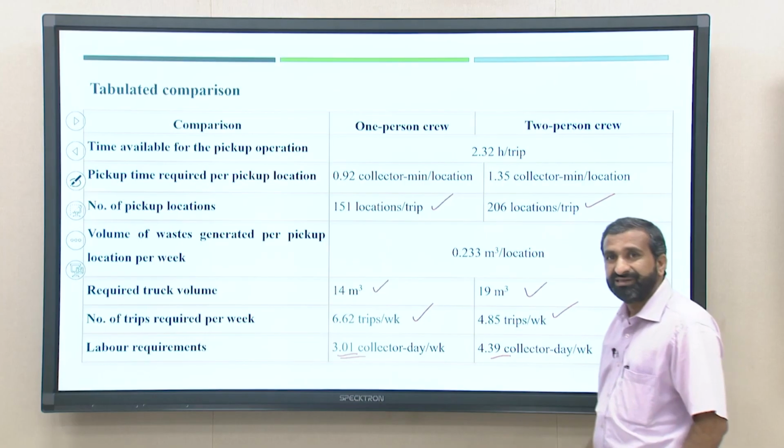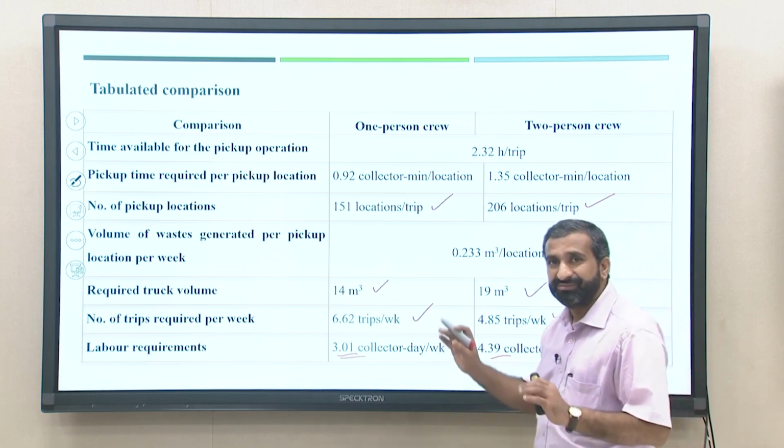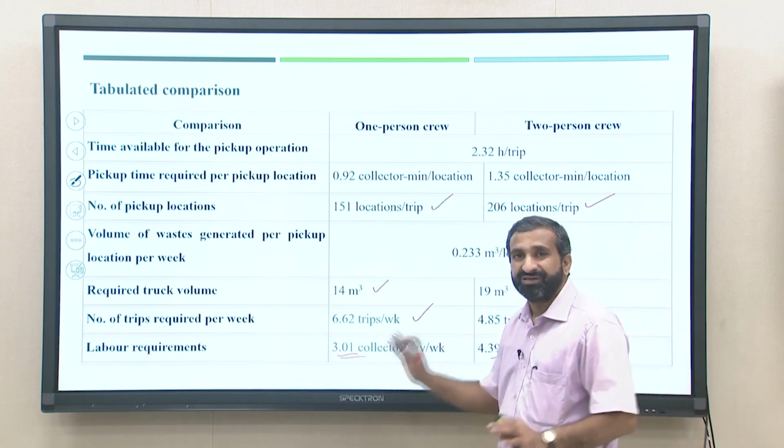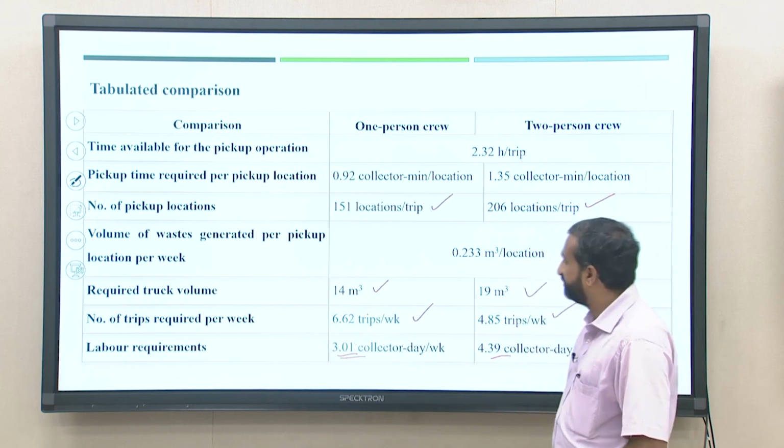So, your answer is the 1-person crew is more beneficial for the stationary container system.